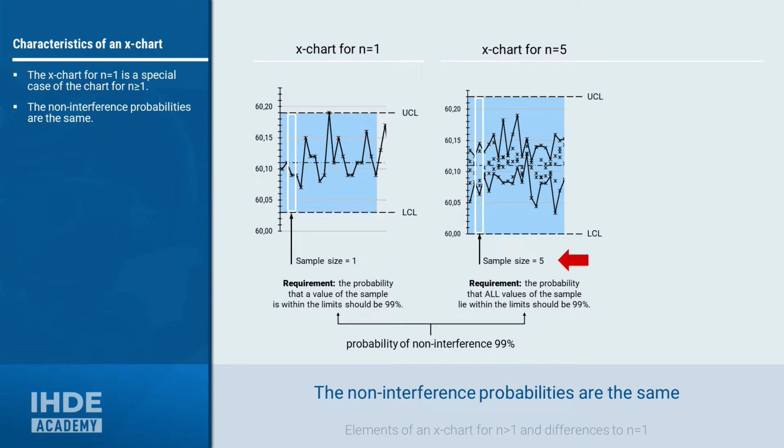For the right-hand side, this means that the probability is 99% that exactly 5 values, this means all values of the sample, should be within the limits. From this follows that the probability that one of the 5 values is within the limits cannot also be 99% if this is to apply to all 5 values at the same time.